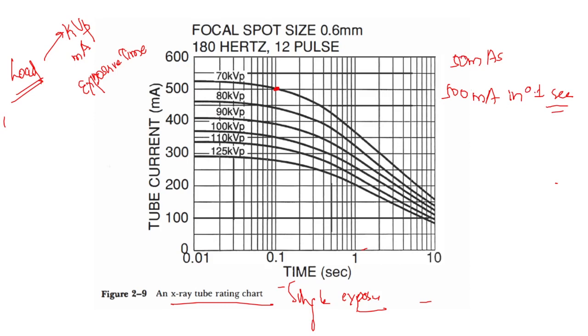At that time, we need to operate at 70 kilovoltage peak. So the maximum limit for 500 milliamperes with 0.1 second is 70. This is peak voltage, and the voltage should be less than 70 kVp.